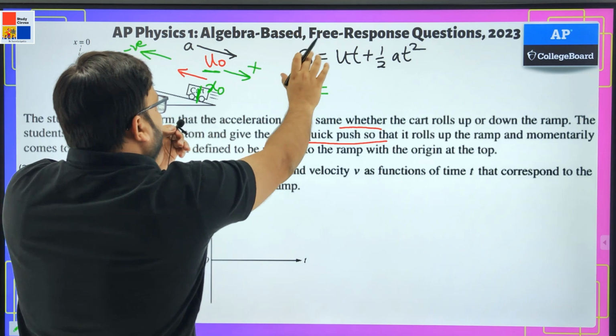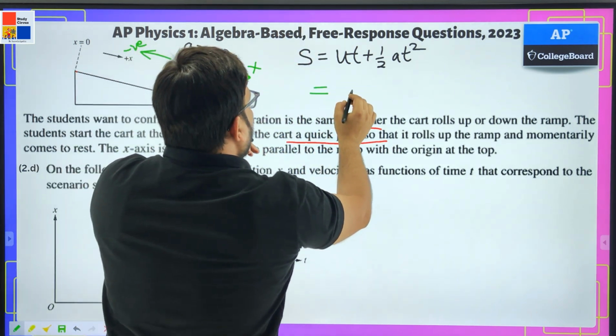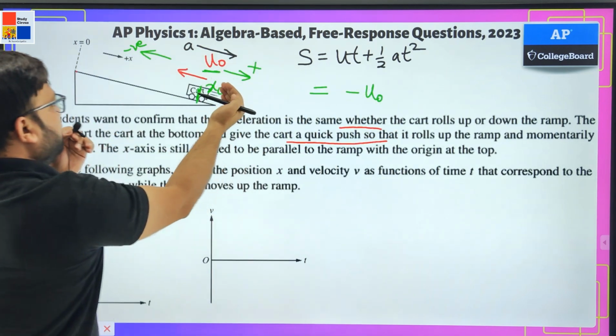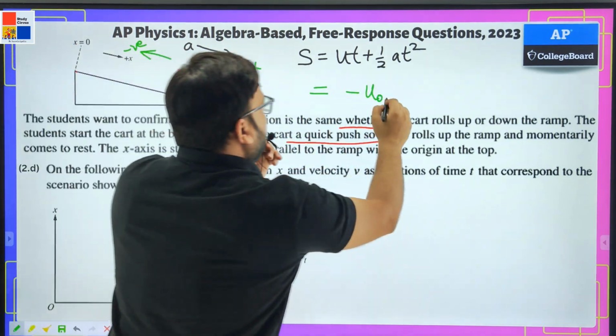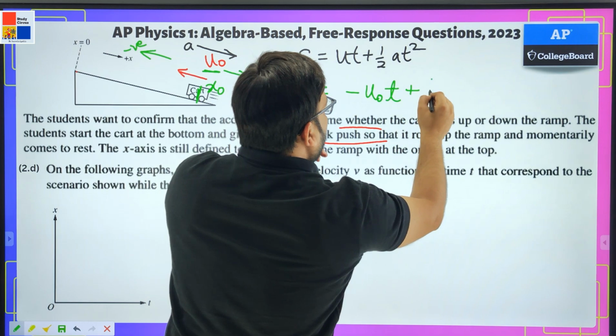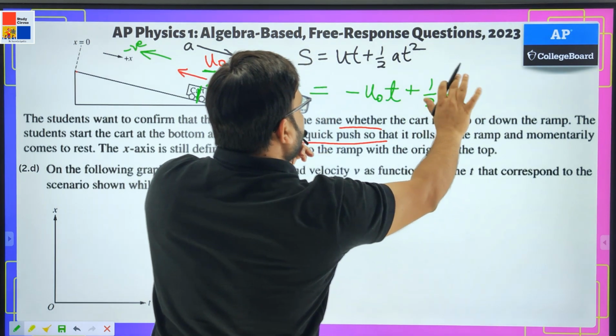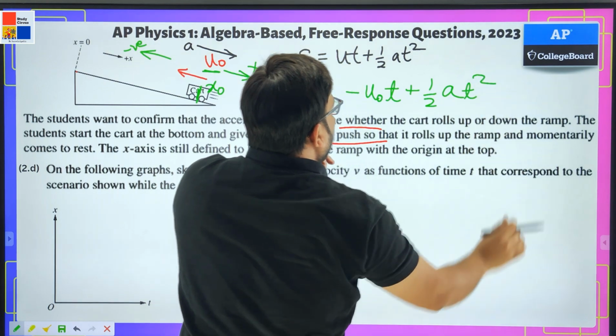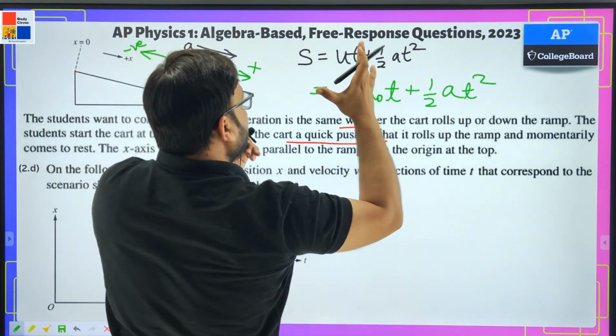The displacement is going to be u, the initial velocity, which is negative u naught since it is being thrown upwards, times t, plus half, acceleration a, positive in this direction, times t squared. So this expression here is the displacement.